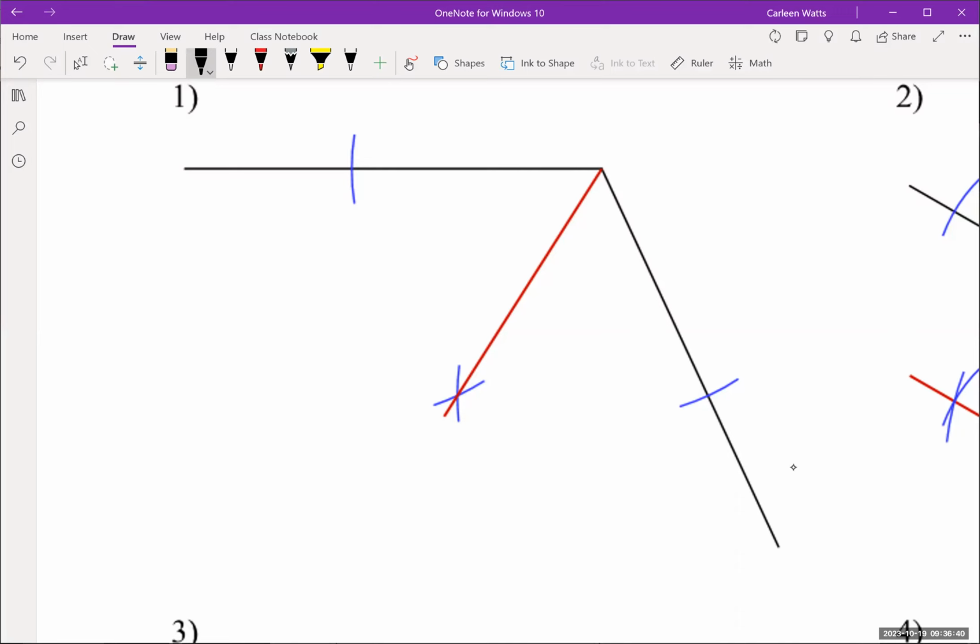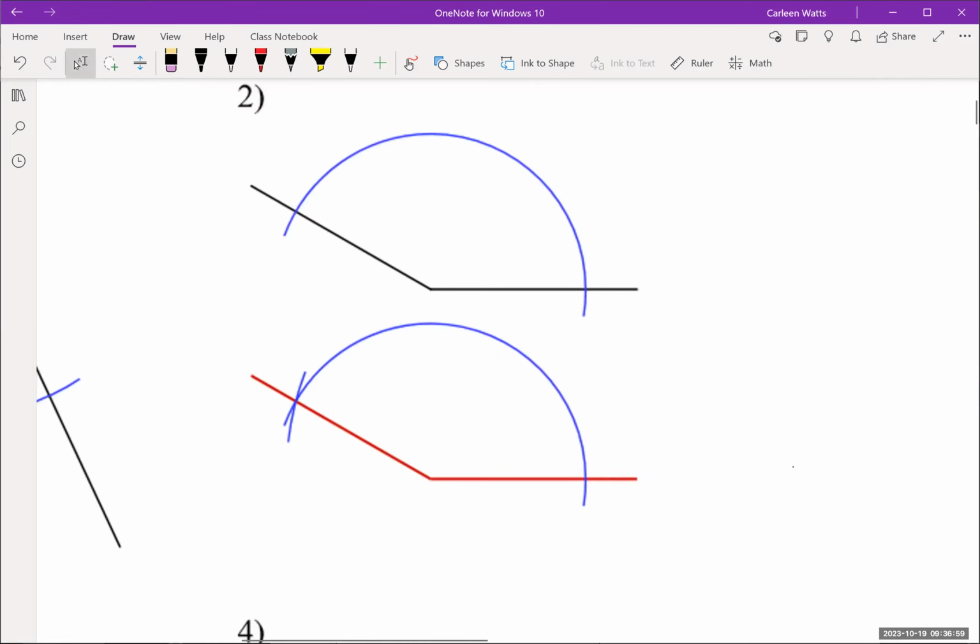Okay, this was, first word is angle bisector. There we go. Thank you. Yeah. Okay, angle bisector. All right, let's move on to the second one.